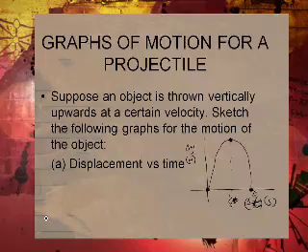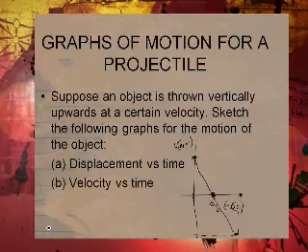Coming back to these two graphs here, we've moved from this one to the velocity time graph. The acceleration time graph, actually, you can get your acceleration by getting what we call the gradient of the velocity time graph. Gradient m, which will be change in y over change in x mathematically.